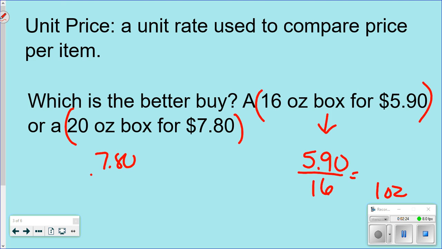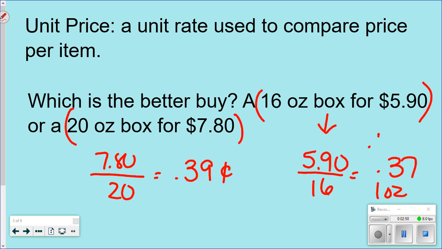A lot of times when you're finding the unit price, money always goes on top, because you want to find what 1 ounce is, or maybe what 1 gallon of milk is. Always the money on top. Then you can use your calculator. If I take 780 divided by 20, you would get 39 cents. Then 590 divided by 16 is 0.368, so I'm going to round that to 0.37.